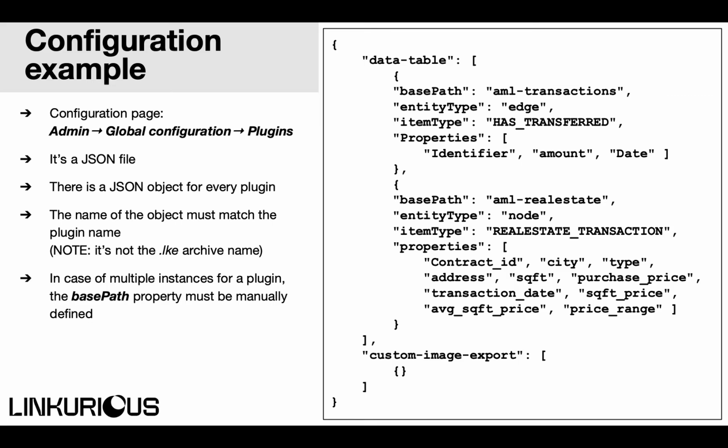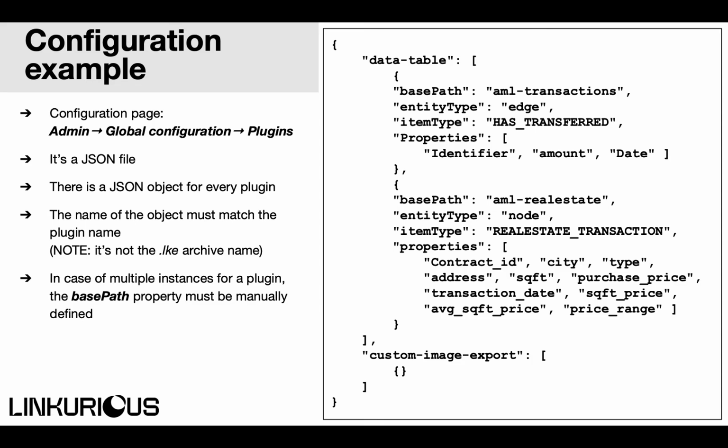You can also notice that the two plugins here are quite different in terms of configuration. The second plugin is very simple, does not contain any extra parameters, but the first one also contains some extra properties like entity type, item types, and properties. All of them are configuration properties that once again depend on the plugin.